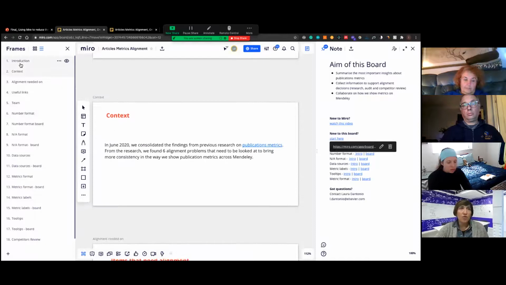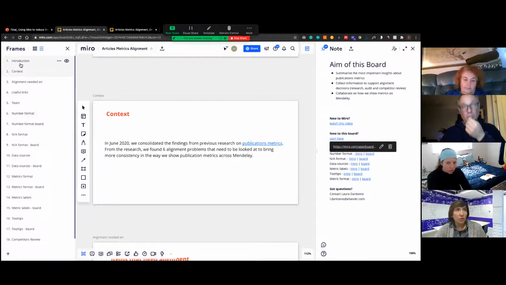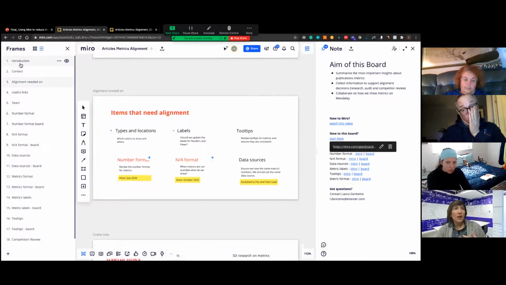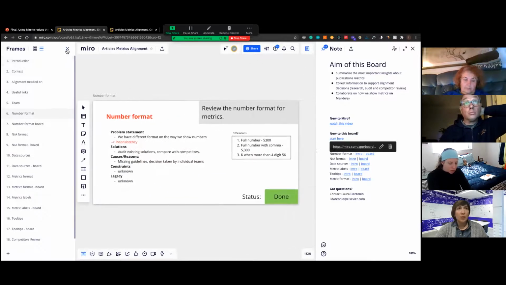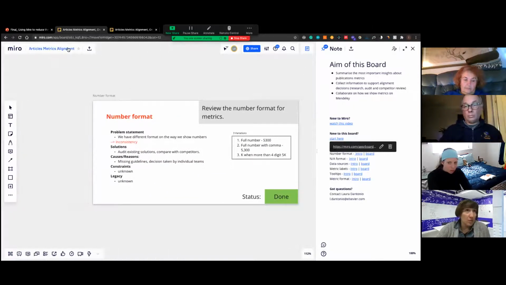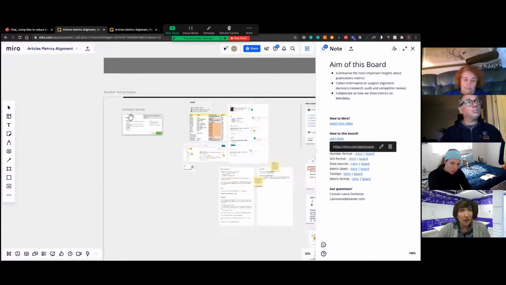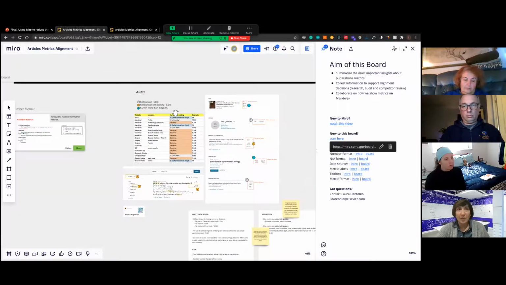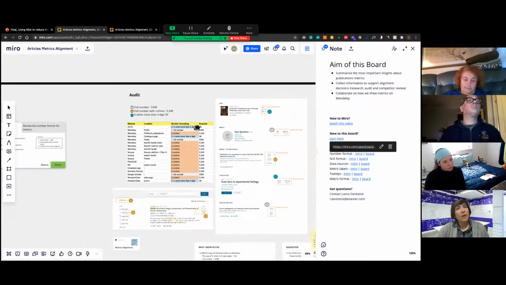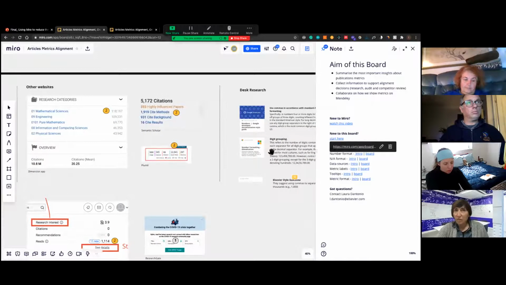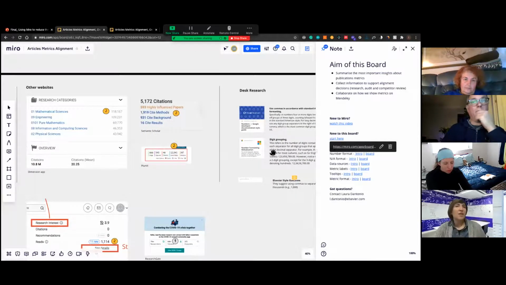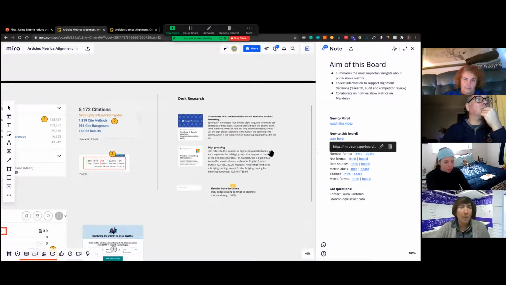You can go to the introduction, the context to understand what we are here to do, the alignment issue, any links, themes, and then for each problem that you want to discuss with the team, I had the problem statement I mentioned before, the audit of where the problem is, the competitor websites and what they see, any desk research. So all the information to guide and help the team to take a decision without meeting in a Zoom call.